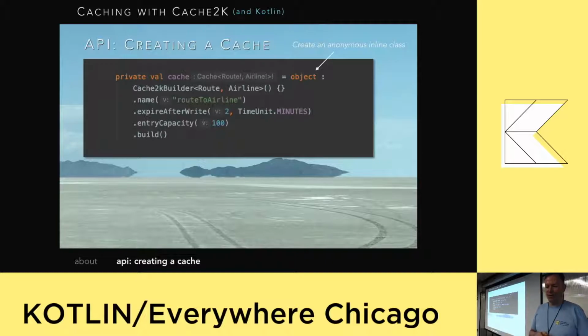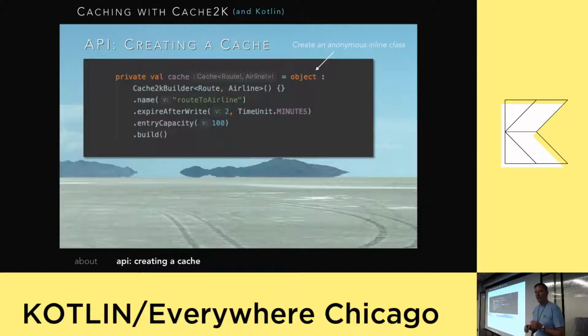But basically what we're doing here is we're building a cache to store routes to airlines. Now caches tend to operate a lot like a hash map, so you have a key and you have a value. I'm using the example that the creator of Cache2K uses in his code, because I redid all of his examples in Kotlin, which I'll give you a link to later in case you're curious.